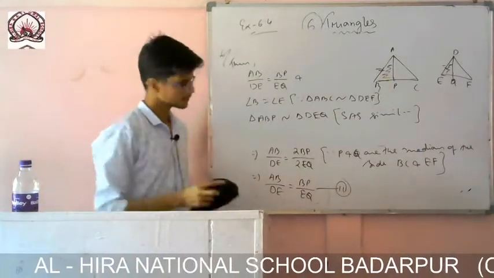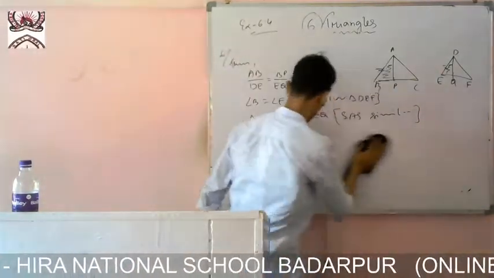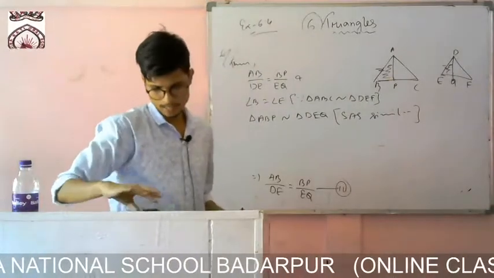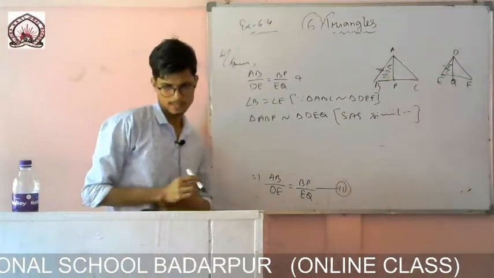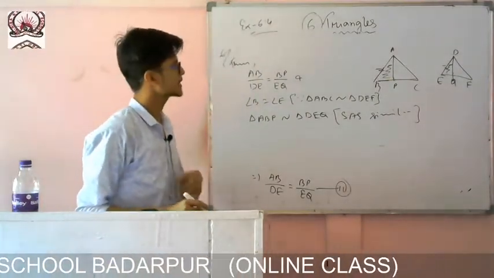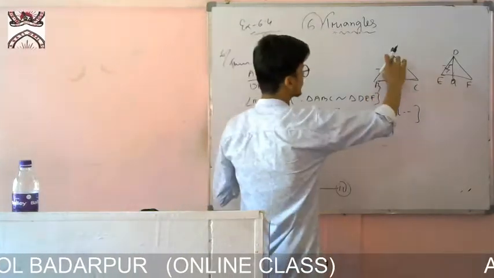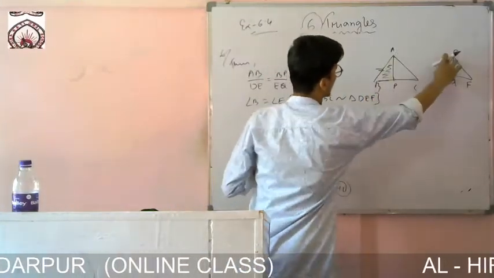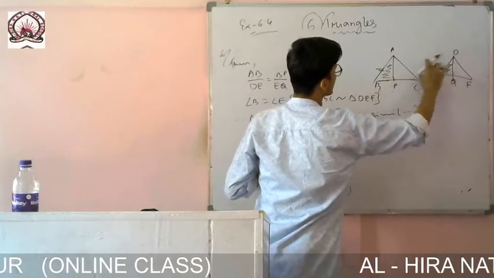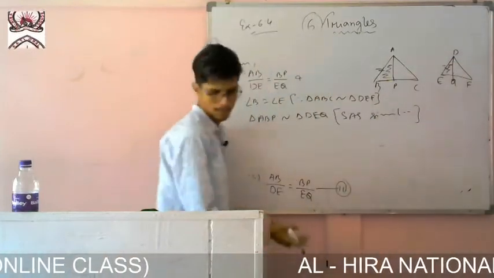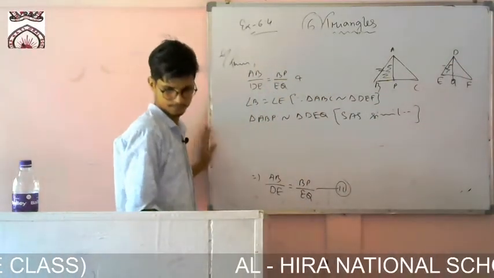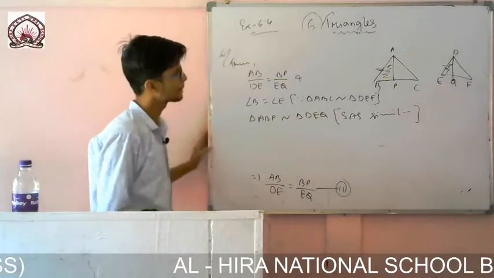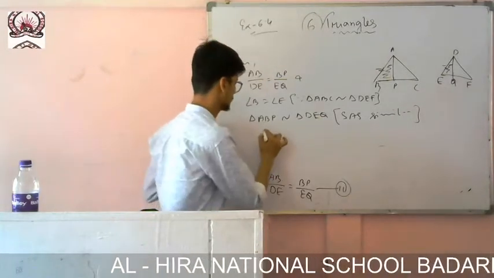Now only 2-3 lines are left. I have proved that these two triangles are similar, so if they are similar, I can write AB by DE equals AP by DQ. You write it like this: BP by EQ, this side by this side, equals AP by DQ. Why am I writing this?